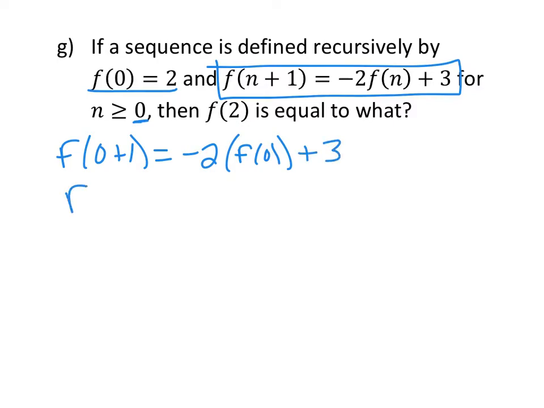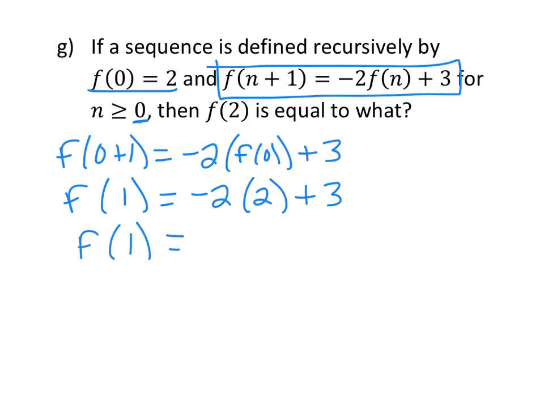Well, 0 plus 1 is 1. This equals negative 2 times that f of 0, which was 2, plus 3. So f of 1, negative 2 times 2 is negative 4, plus 3 is negative 1. I have to keep going because I want f of 2. So let's do one step further. Let's plug in 1 for n.